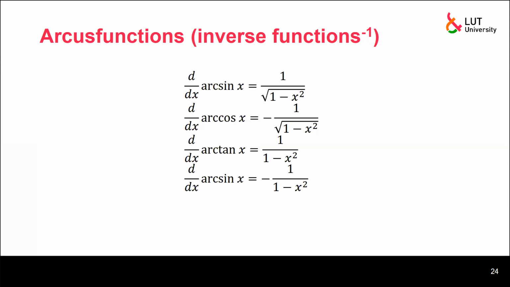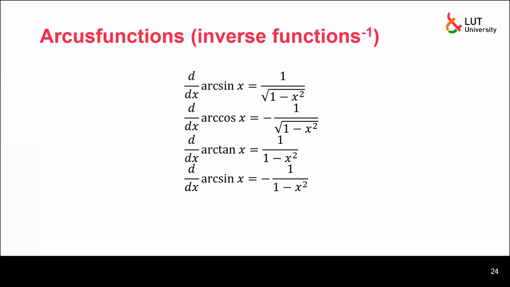And in the case of trigonometric functions, these Arcus functions are the inverses of sine, cosine, tangent. Is that not sine? Yeah, that's not sine. It should be cotangent. I need to edit, not the original PowerPoint slide, but yeah, that's a cotangent.